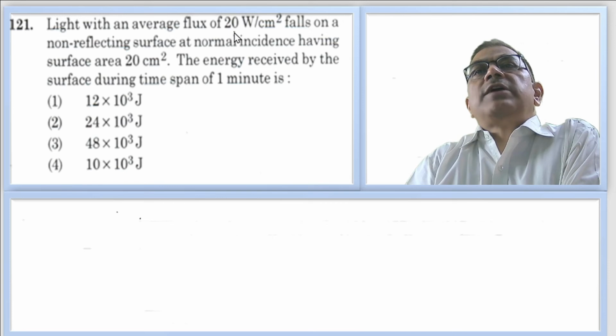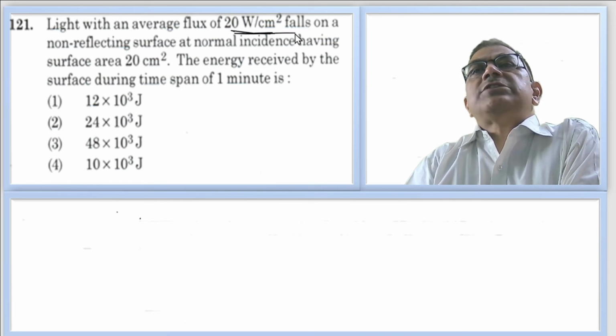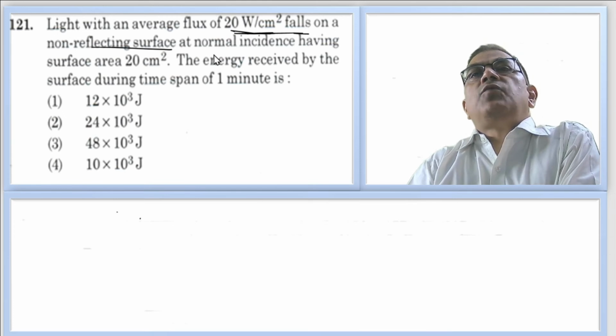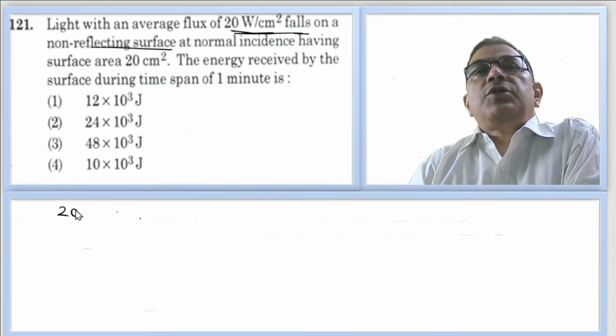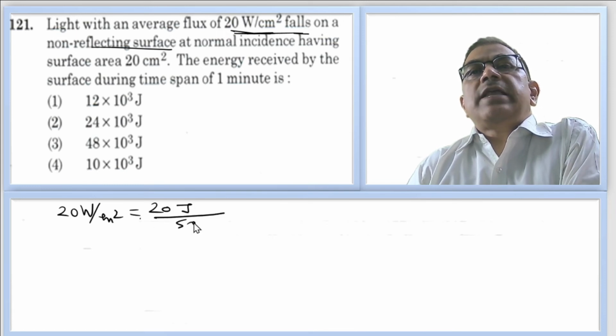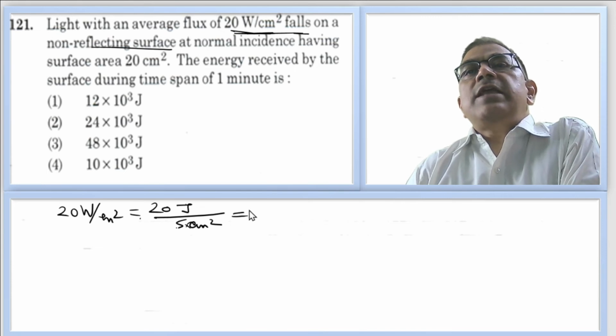Light of average flux of 20 watt per centimeter square falls on a non-reflecting surface. Let's try to understand what this term stands for. 20 watt per centimeter square, and this is 20 joule per second into centimeter square. So basically this becomes energy per unit area per unit time. Is that right? And energy per unit area per unit time is nothing but the intensity.